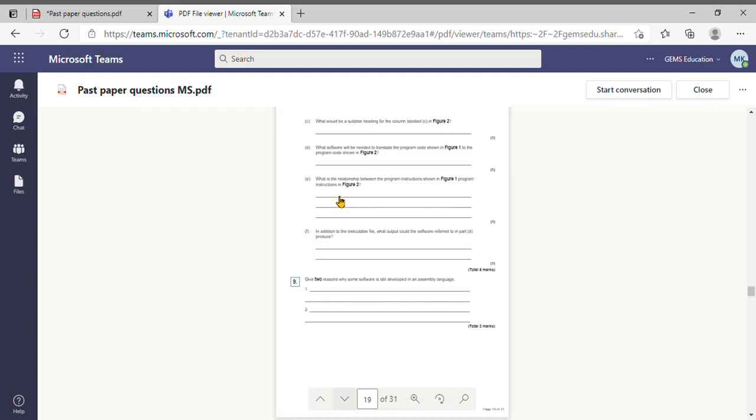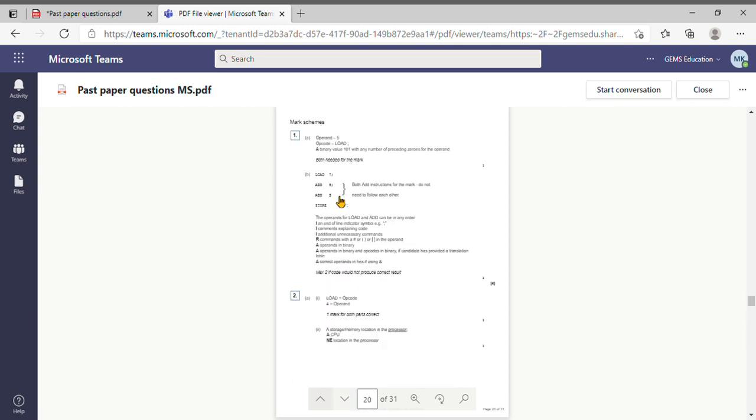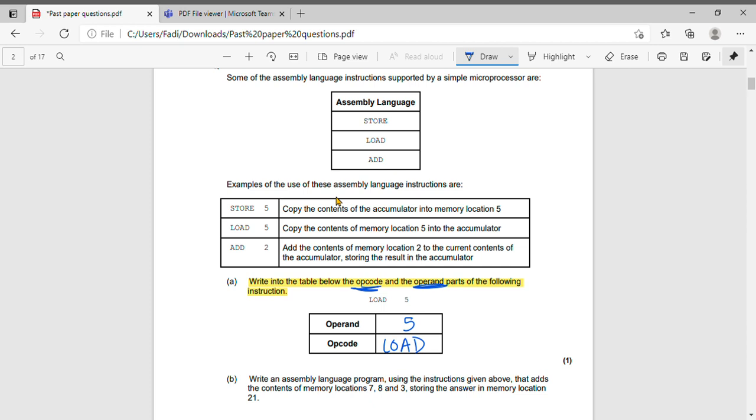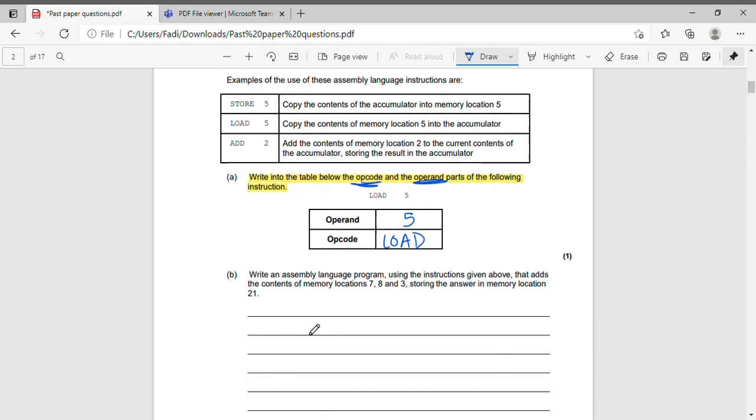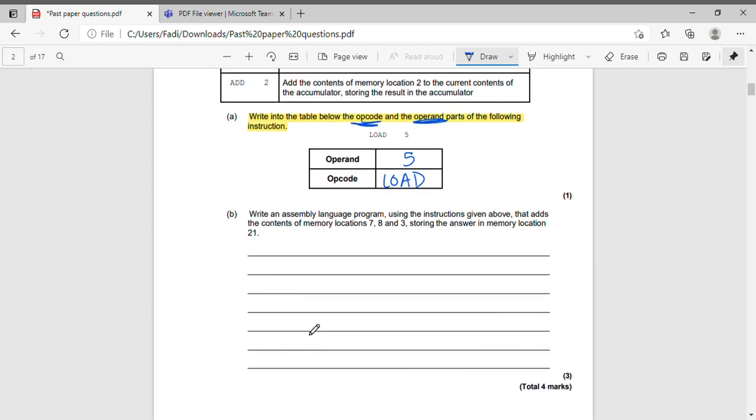Yeah, so it's 5 and then load. Excellent. Next, write an assembly language program using the instructions given above that adds the content of memory location 7, 8, and 3, storing the answer in memory location 21.